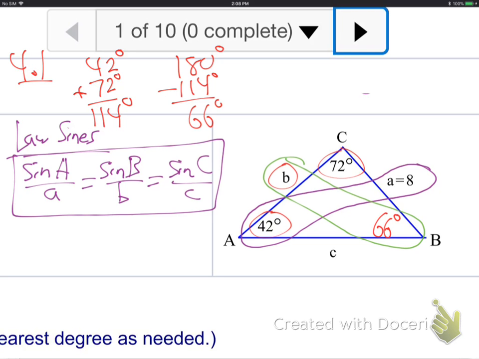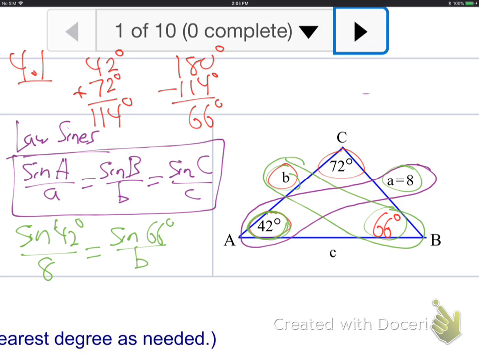So that means the sine of A, 42 degrees, over 8, this angle over its side, is equal to the sine of B, which is 66, over its side, little b, which I don't know and want to find. Forget about the C. I don't need the C right now. I'll do it in a minute. I just do those two.